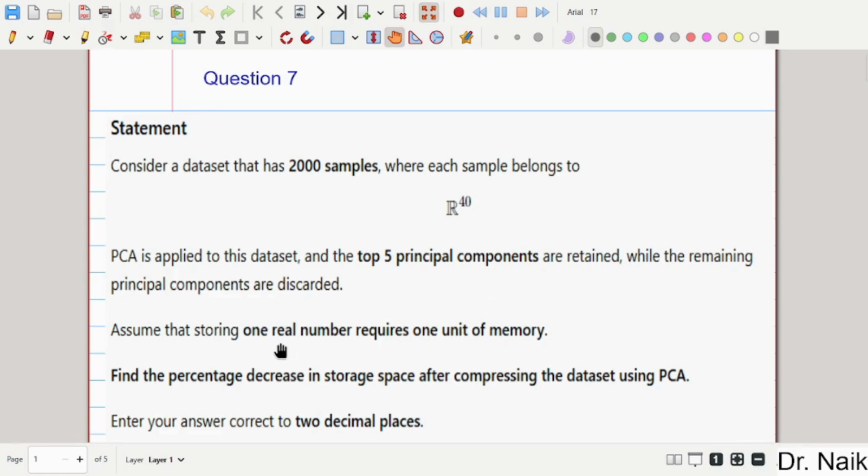Assume that storing one real number requires 1 unit of memory. Find the percentage decrease in storage space after compressing the dataset using PCA. Give your answer correct to 2 decimal places.